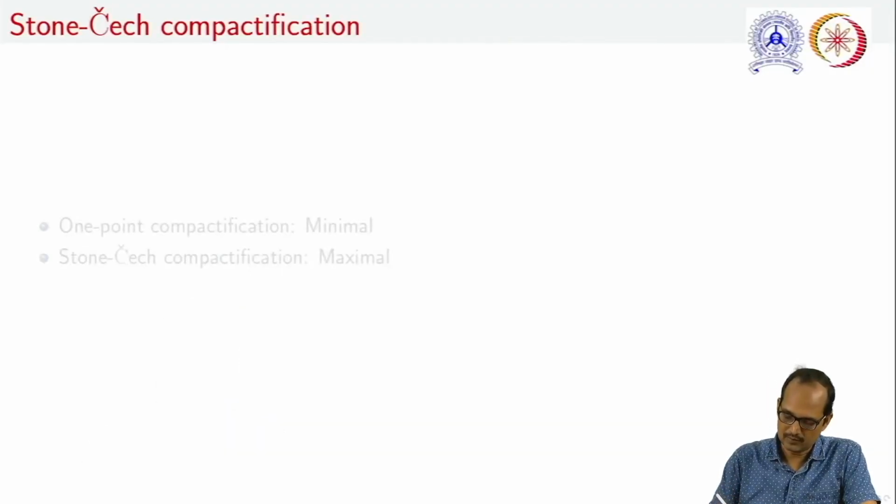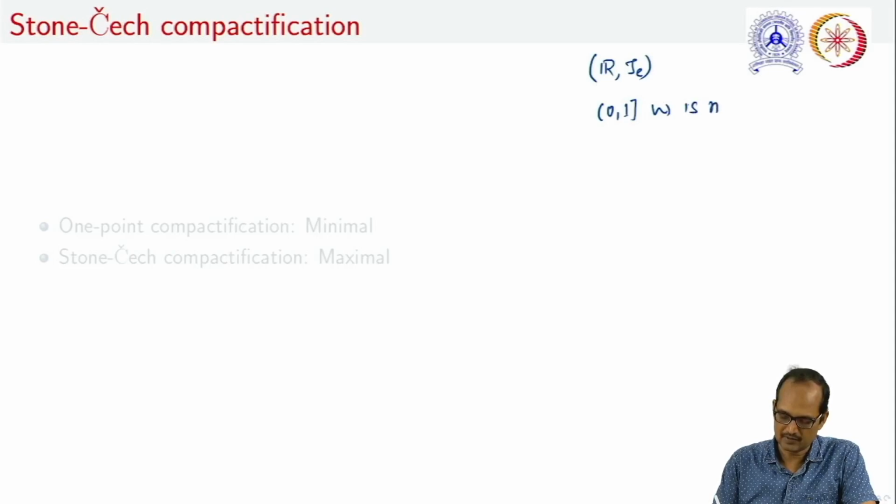Begin with what we have already studied: if we have the real line with Euclidean topology, we know that the semi-open interval [0, 1) is not a compact subset of R, but at the same time this semi-open interval is contained in the closed interval [0, 1], which is compact.